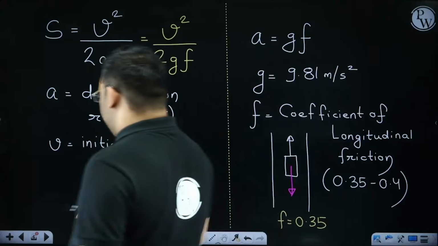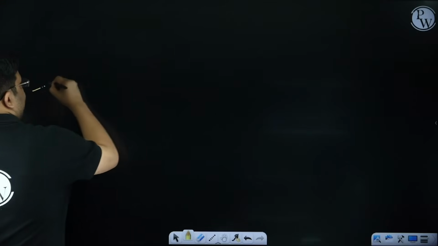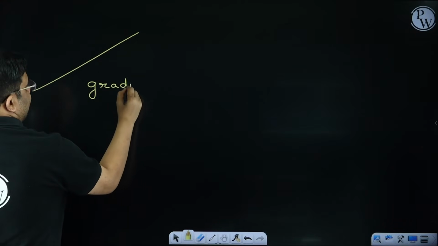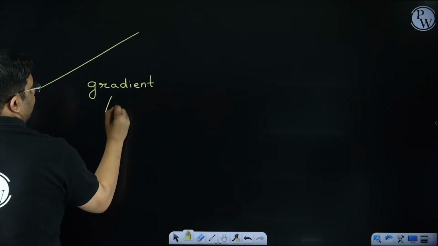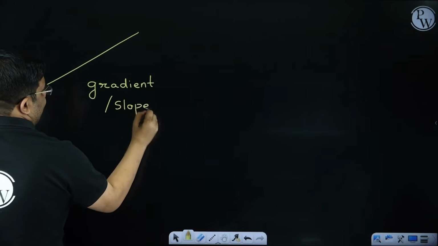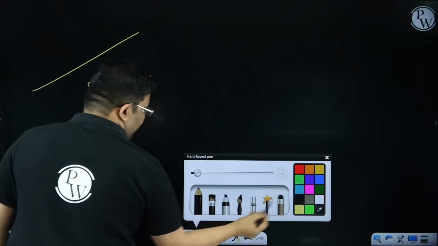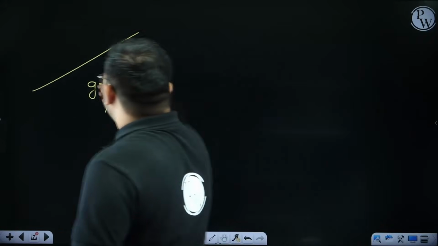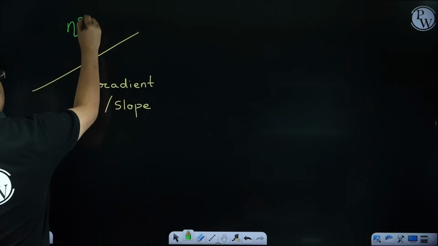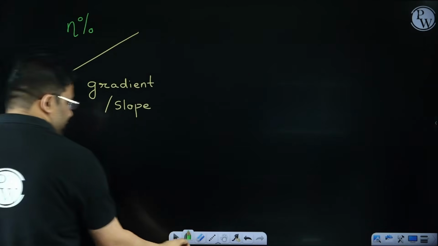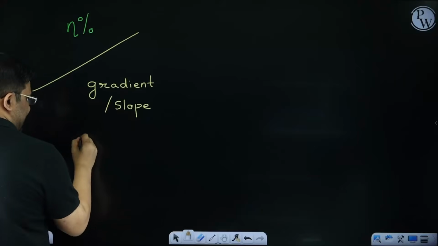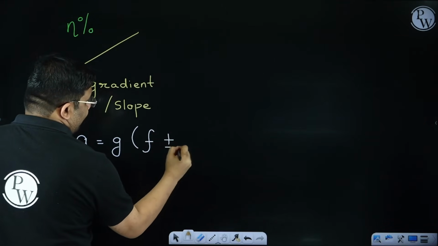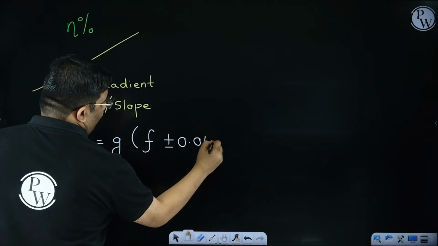Now this equation changes a bit. How? Suppose we have a gradient, or slope. If we have a gradient of n percentage, where n percentage is the slope, then the deceleration rate becomes g into f plus minus 0.01 n.